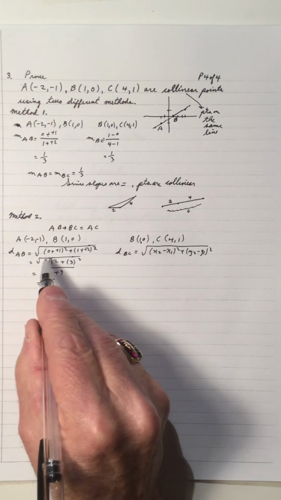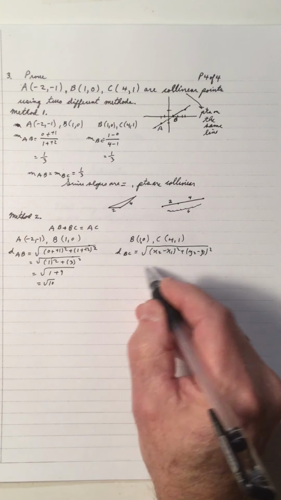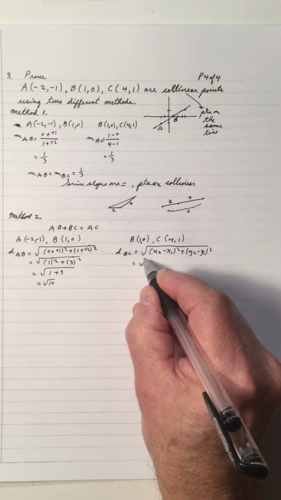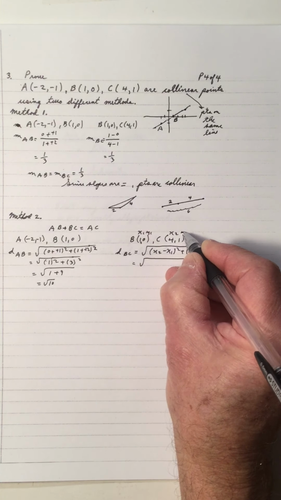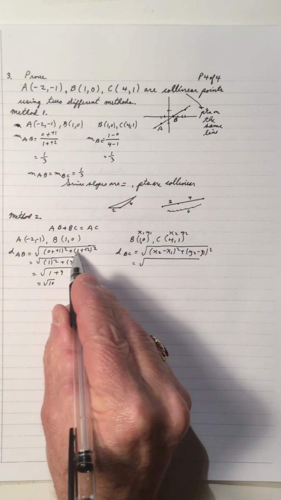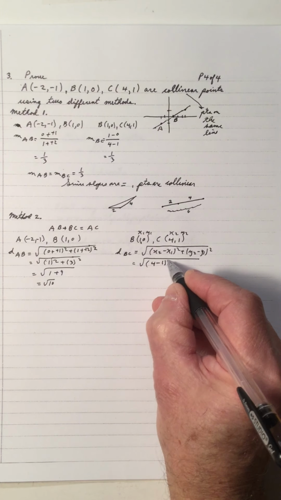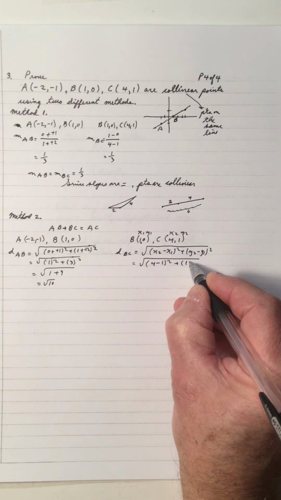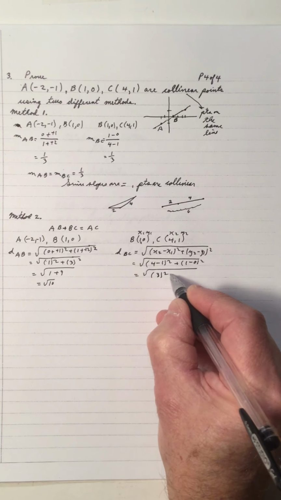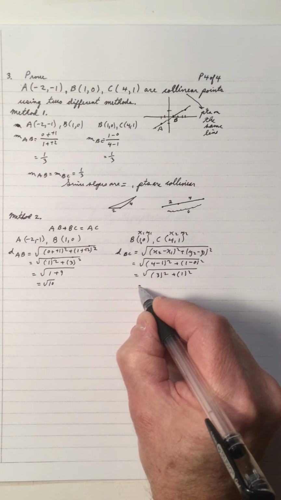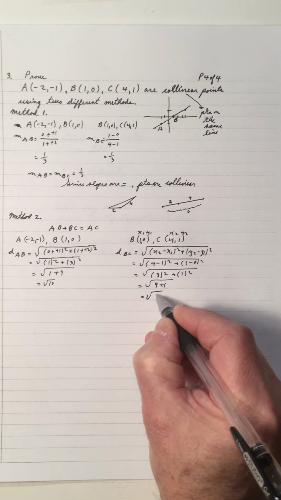I did the y's first, and then I did the x's. Or we can do the x's and then the y's. It makes no difference. So we go x1, y1, x2, y2. Here I put the y's first and then the x's. It makes no difference. So if I go 4 minus 1 and 1 minus 0, that's a 3 squared, 1 squared. That's a 9 plus 1, root 10.